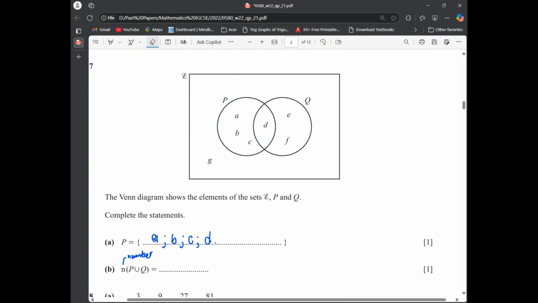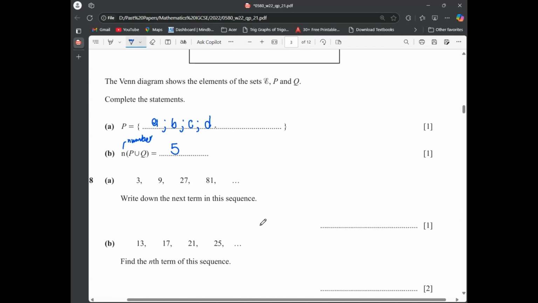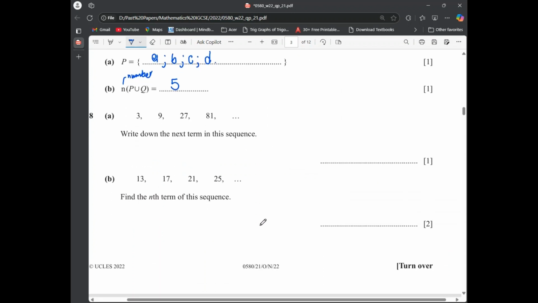P or Q will be A, B, C, E, and F. D is not in set P or Q only, but it is in set P and set Q. It's in both of them. So how many are in set P or set Q? There's 5 elements. And that is our final answer.